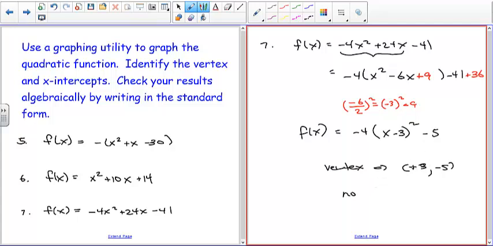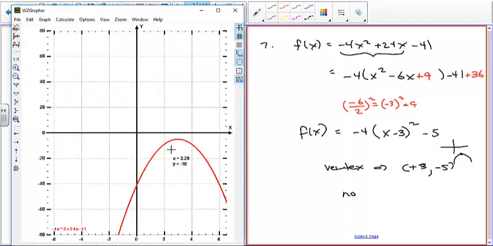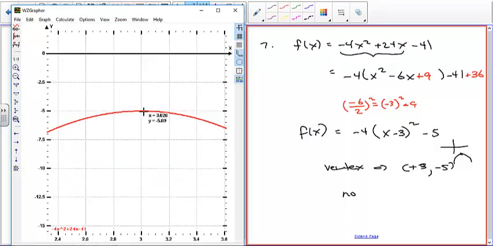Well, this is below the x-axis because you go over 3, down 5, and it's going to be downward like that. So there's no way for x-intercepts. So now we can compare that with our graph. So you see, if we zoom in on the vertex, it's right here, which is x equals positive 3, y equals negative 5, and has a y-intercept of negative 41.